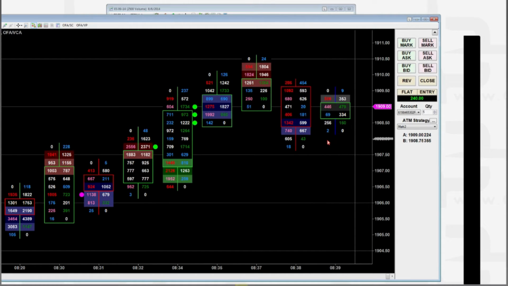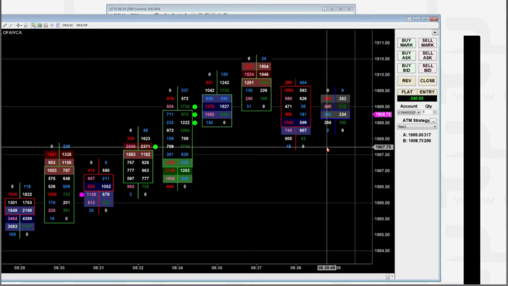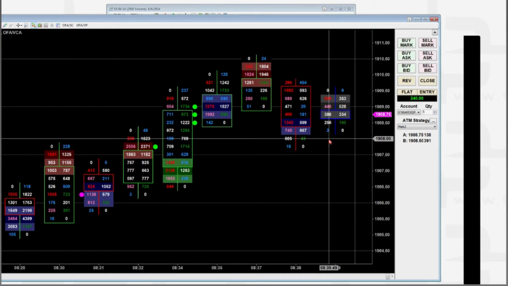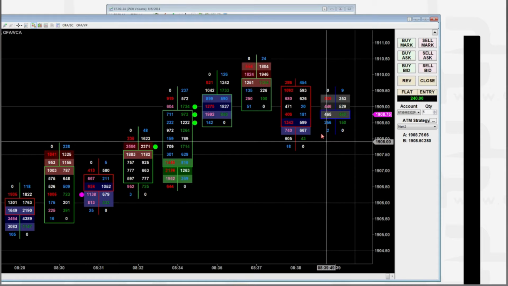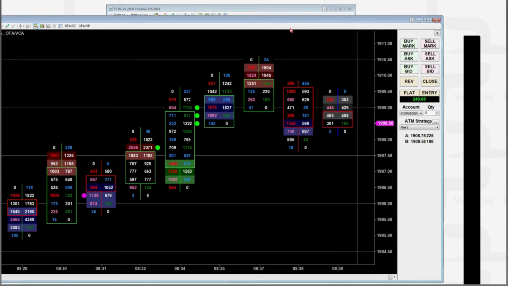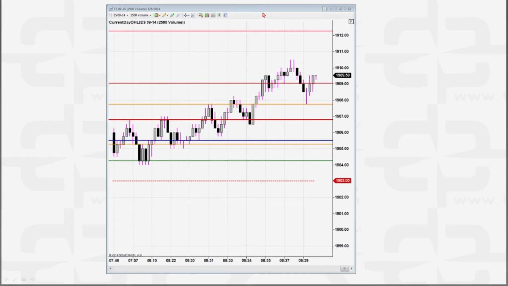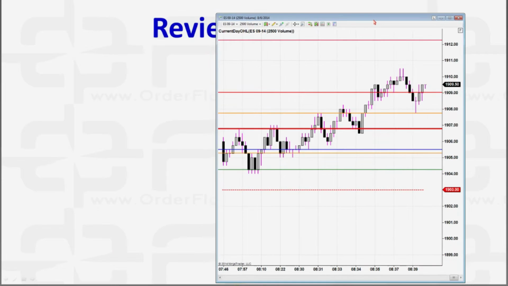If I started getting any significant strength back to the bid at 08 or 0775, I would likely just move out of the trade. Again, I still have a sense this morning that there'll be some volatility. So even though we have an open drive, this could just set up to be an open test drive, and I typically want to wait to see what this market is going to settle on.